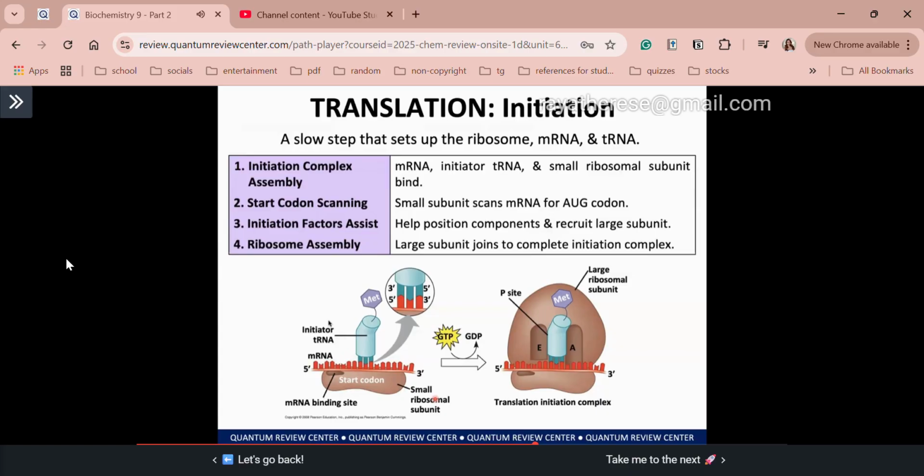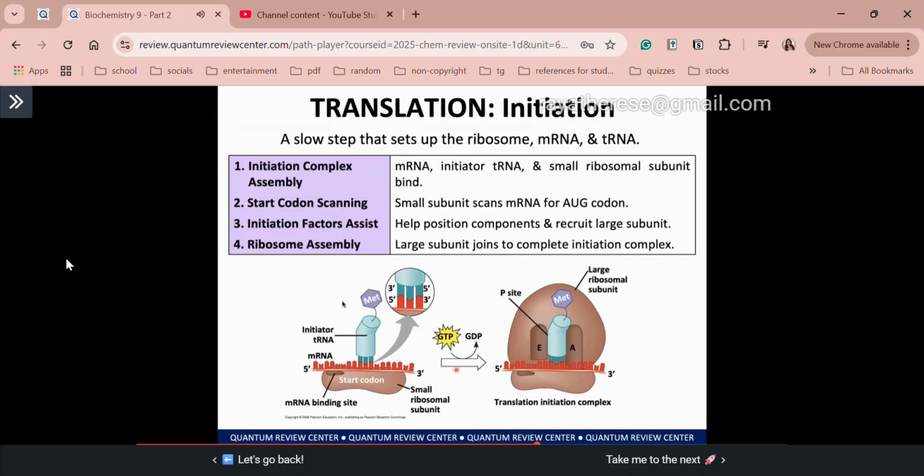So after it is located, we have your IFs, your translation initiation factors, which will assist in positioning the components. Additionally, as you can see, upon binding of the large subunit, we will need energy.